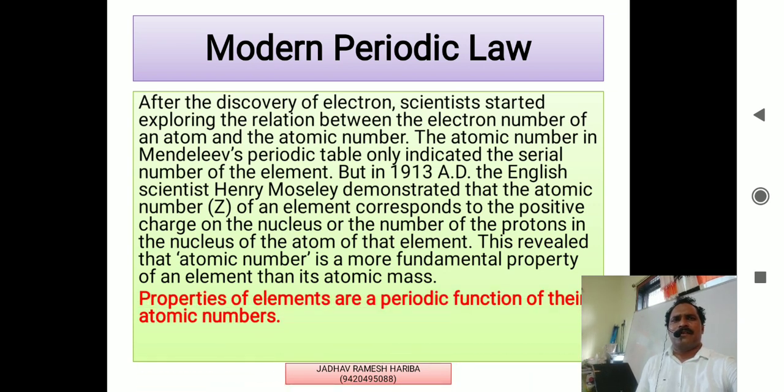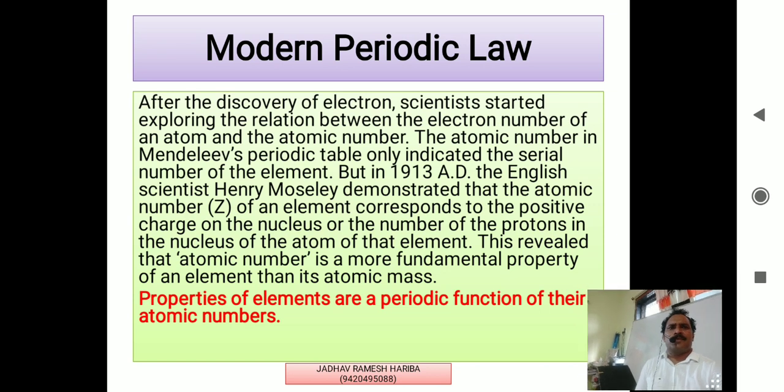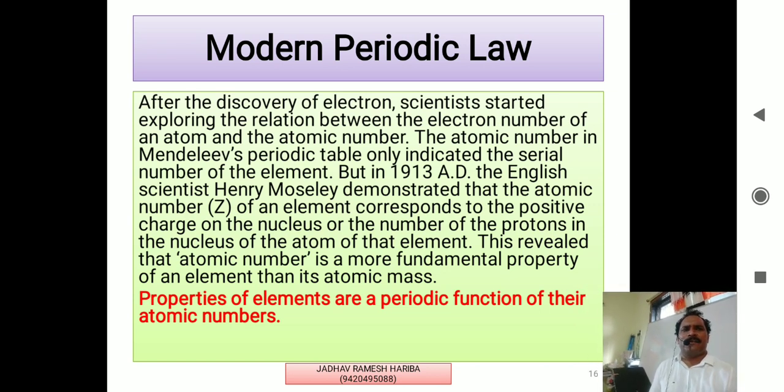From this he stated the law: the properties of the elements are the periodic functions of their atomic numbers. That is, the physical and chemical properties of the elements are periodic functions of their atomic numbers, meaning that after a certain number of atomic numbers, these properties get repeated.